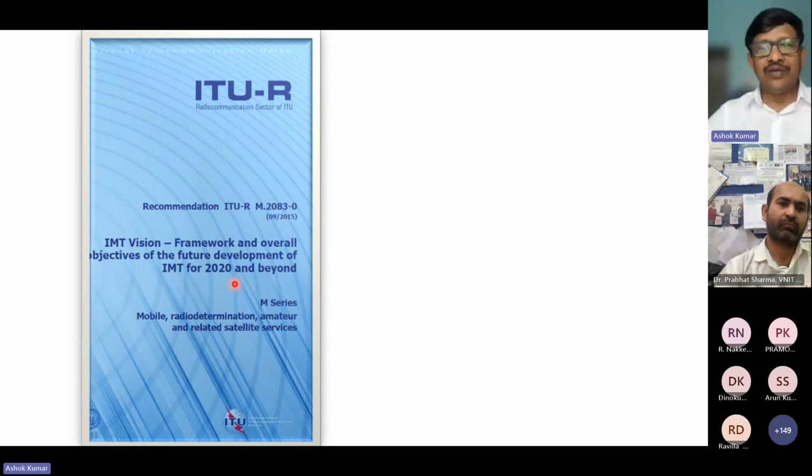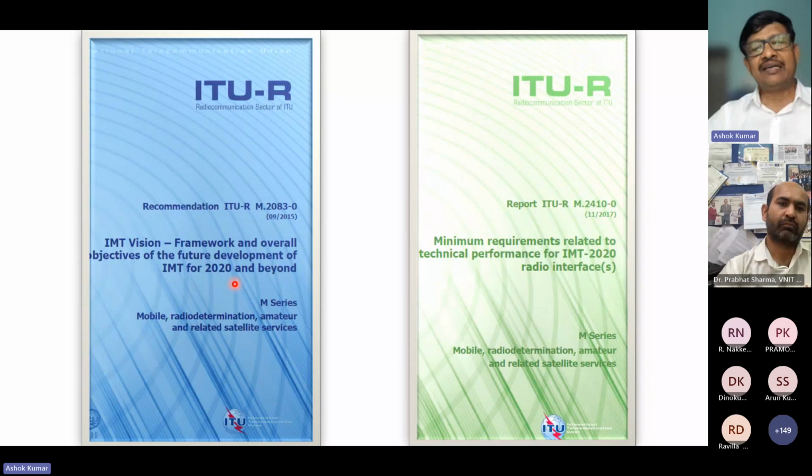Once the vision and framework are ready, ITU continues working on creating the requirements or key capabilities of upcoming mobile technology. For example, for 5G, two years after this document, in November 2017, they came out with another document, which is M.2410.